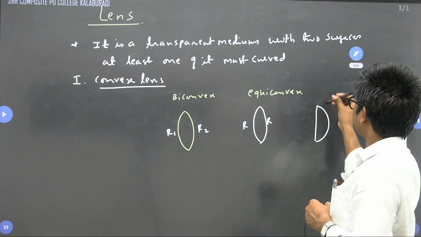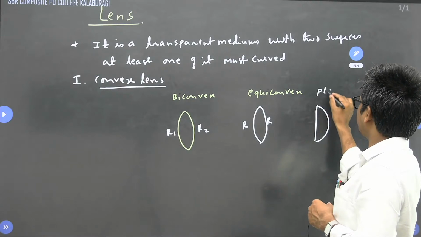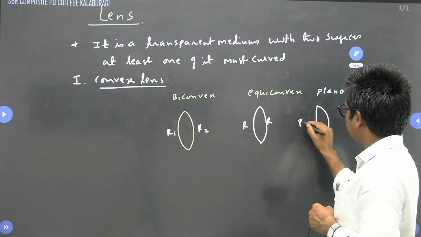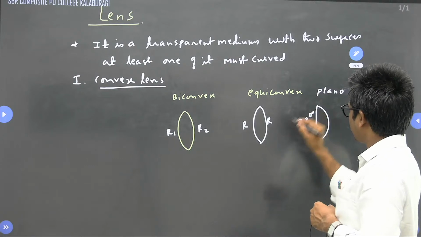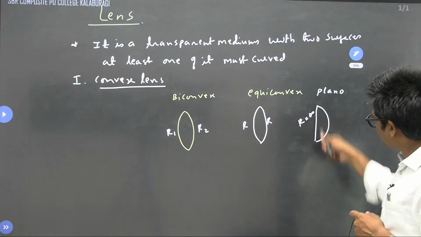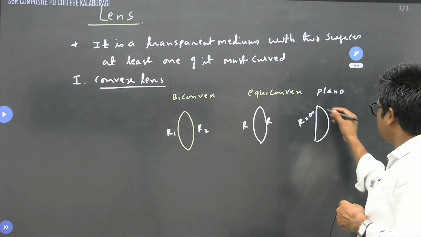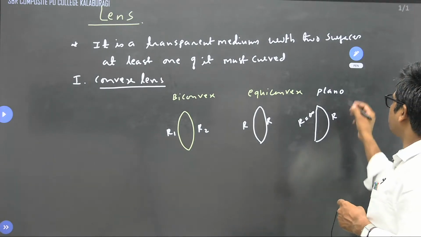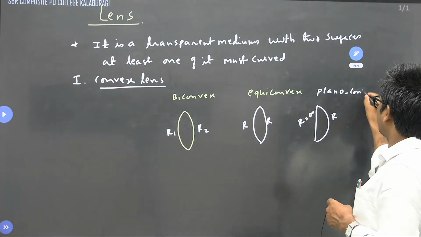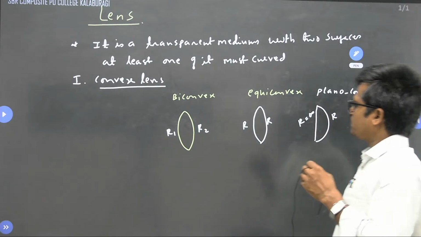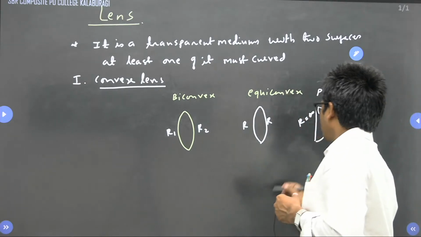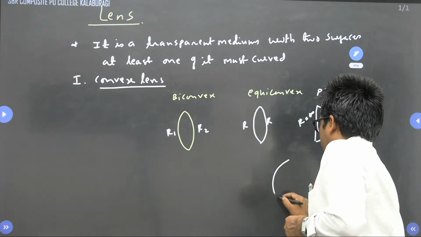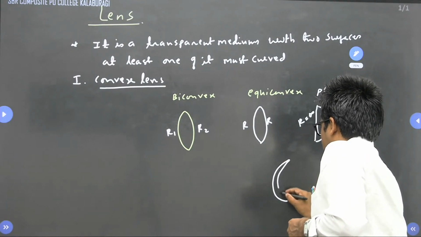This is what we call plano-convex. The radius of curvature of the plane surface is infinity, and the other has some radius of curvature, let's say R. This is plano-convex. We have one more, like concavo-convex.